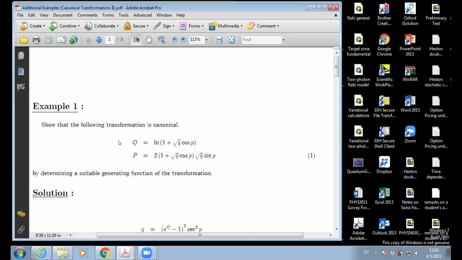For example, the proposed transformation here, given in equation 1, may be a good transformation for a certain problem, but it may not be a good transformation for another type of problems. Can you follow me? So for different types of problems, you have to find the corresponding suitable transformations.